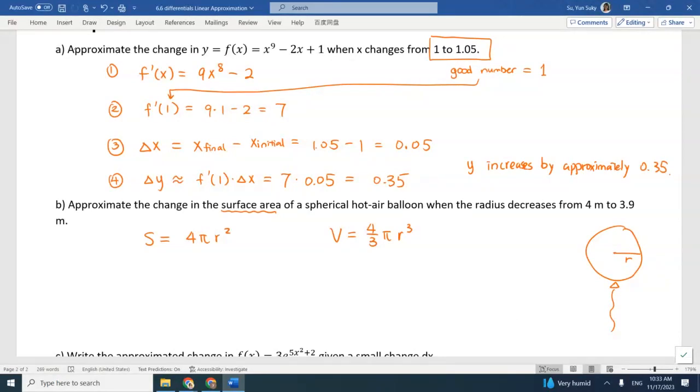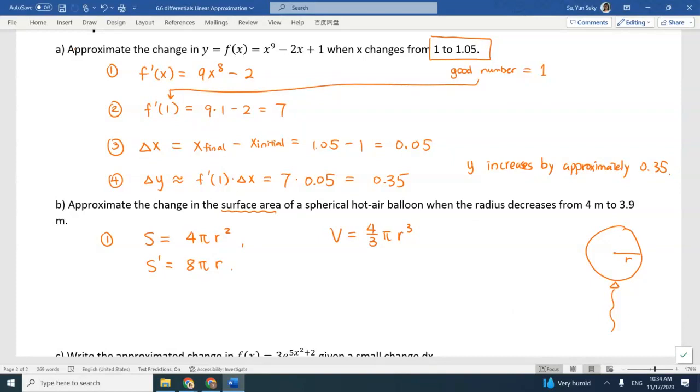Okay, so this is S, right? And we need to find the derivative. So step 1, that's S. And what's the derivative? Paige, what's the derivative of S? 8 pi r. Yes. Like here, first step, you find the derivative of the function. Second step, we plug in a good number.